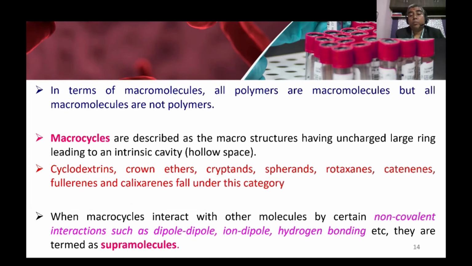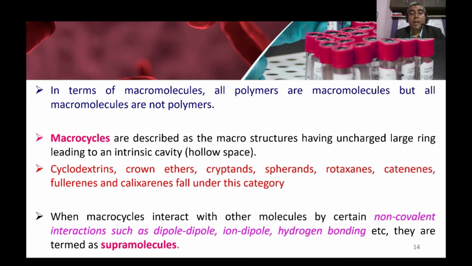In terms of macromolecules, all the polymers are macromolecules, but all macromolecules are not polymers, because for the polymer there is a condition: it must have repeated units.